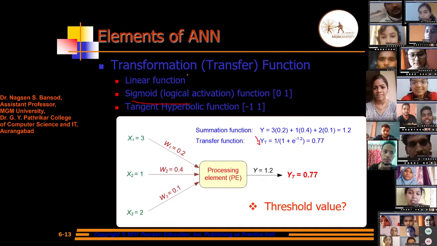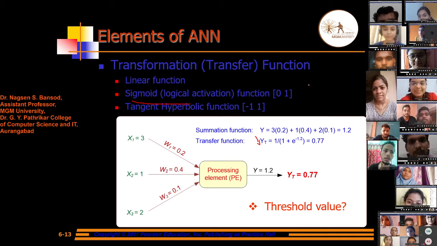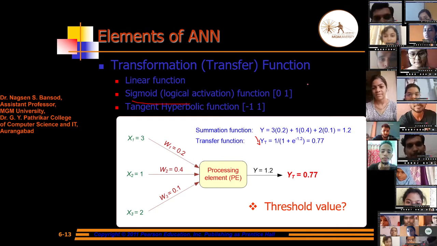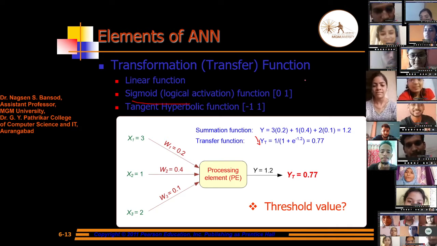Bipolar sigmoidal function means the function is in two poles.